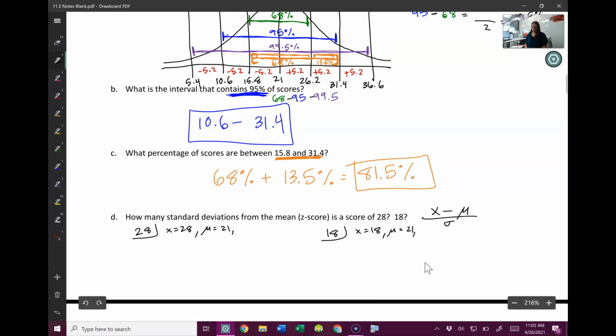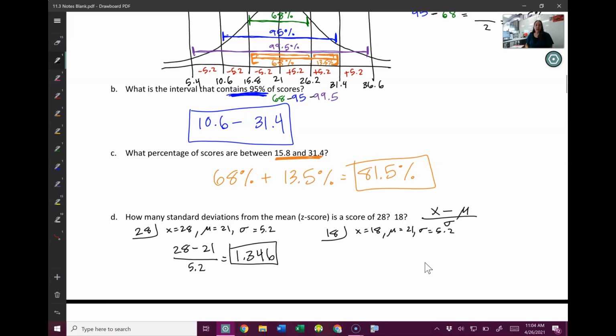Divided by the standard deviation. And the problem said the standard deviation was 5.2. So we just need to plug all that into our equation. So the data point, 28, minus the mean, divided by the standard deviation. And you're going to get 1.346.